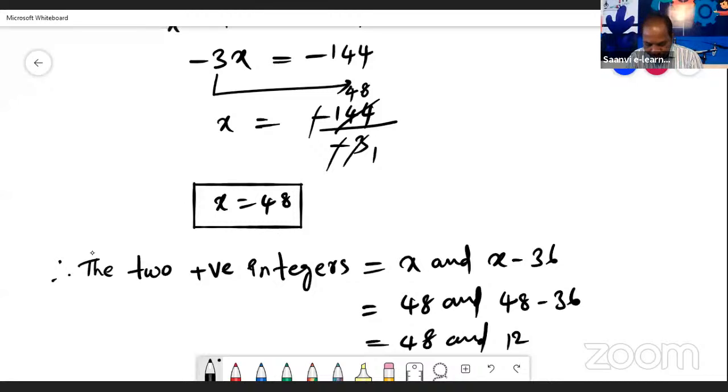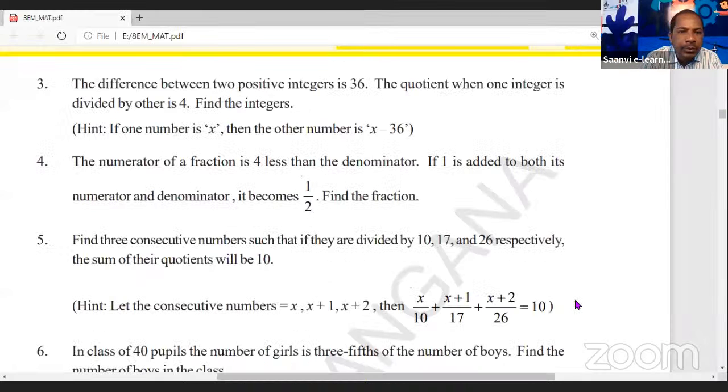Okay, children, now let us see the fourth question. What is given here?